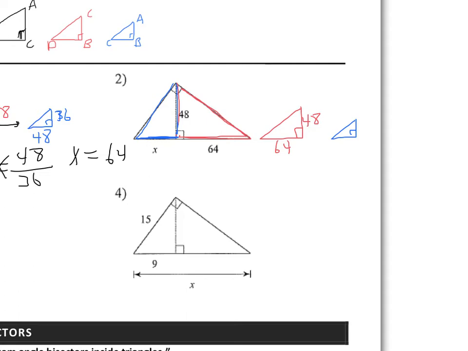So we will put the X right here. The 48 represents the longer leg of that, and one side does seem a little bit longer, so pay close attention to that. Now we can create a proportion, which if I go left to right, 64 over 48 equals 48 over X. Cross multiply that, we'll get X equal to 36.